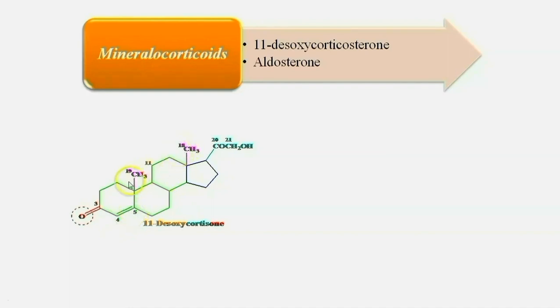At the 18th and 19th positions a methyl group is present, and at the 17th position COCH2OH is present. But at the 11th position there is no ketonic function, and at the 17th position there is no alpha hydroxyl group in the structure.